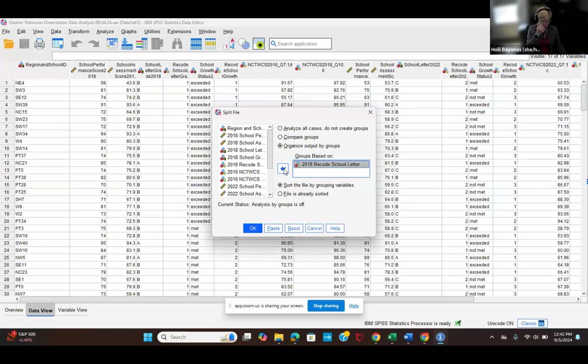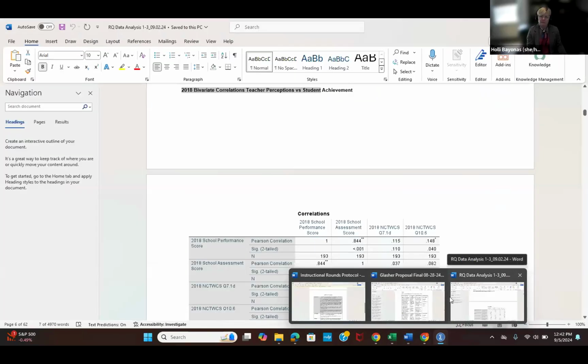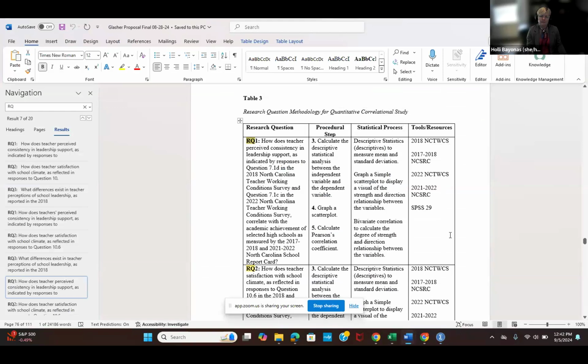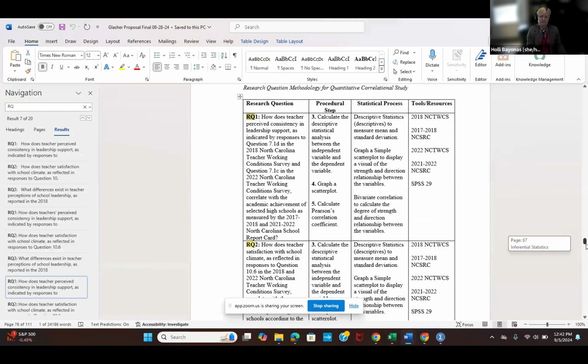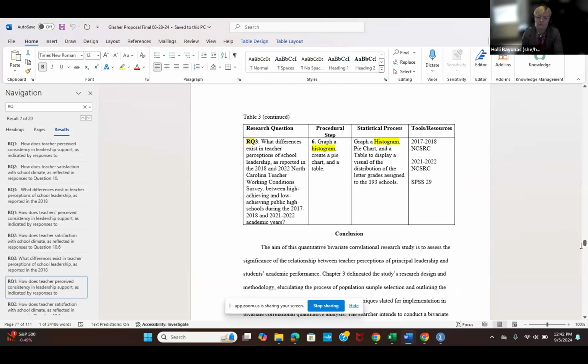Can you bring up the research question? That's what we always look at to make sure it's all aligned. So this looks like you went with letter grades.